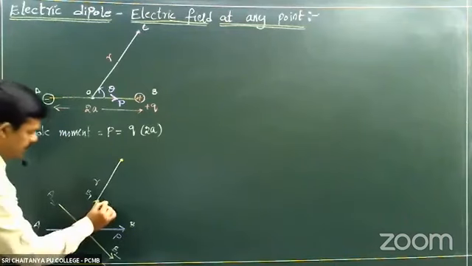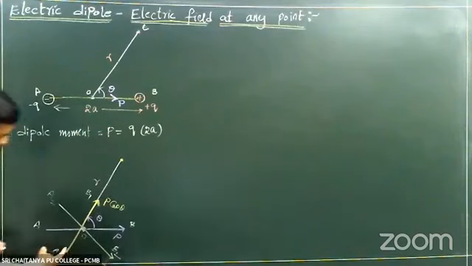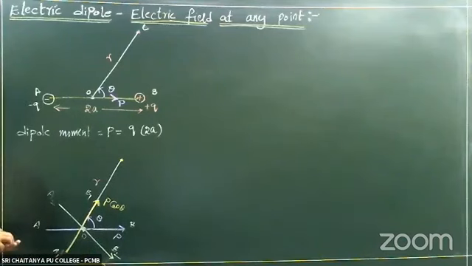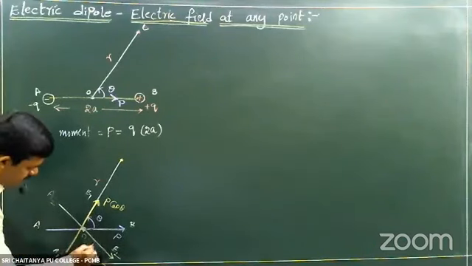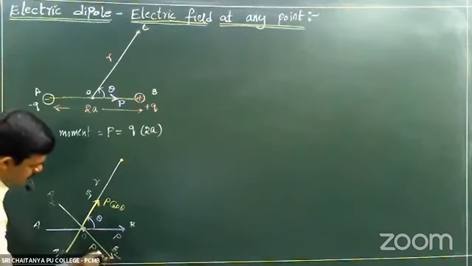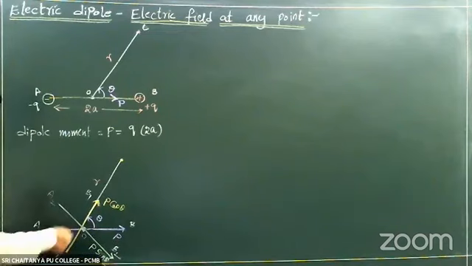That component is P cos theta. So for this dipole component, the dipole moment is P cos theta. For the other component, it is P sin theta.